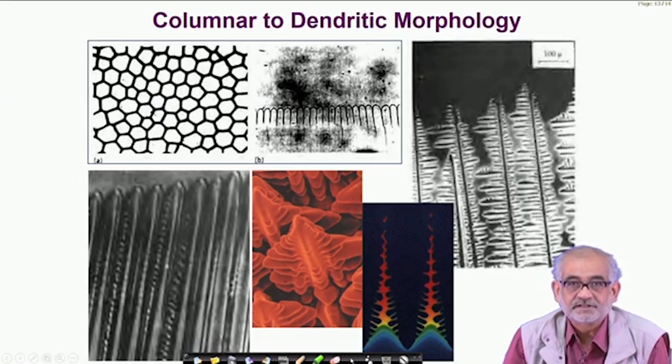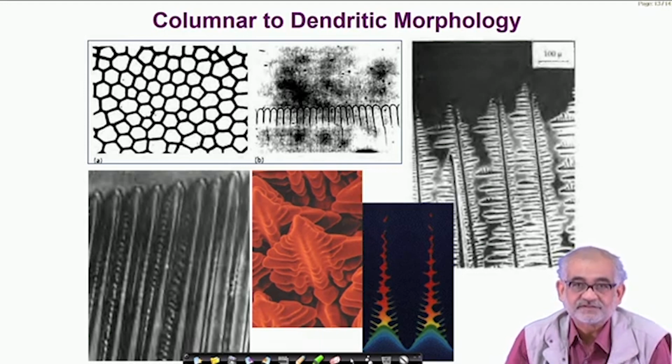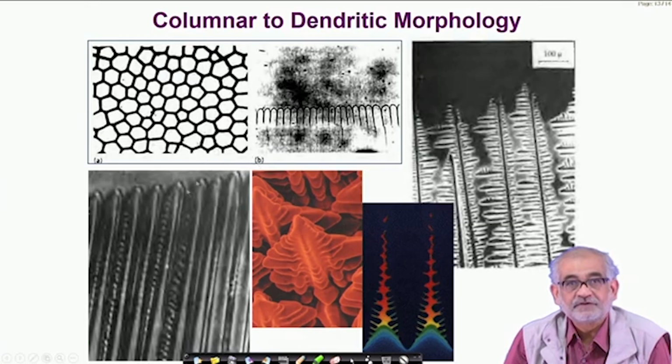So essentially these either columnar or dendritic structures are typical manifestations of the so-called micro or macrostructures that we see in solidified or cast masses. When you take a section of these kind of columnar structures, then you see such very nice equiaxed regions.